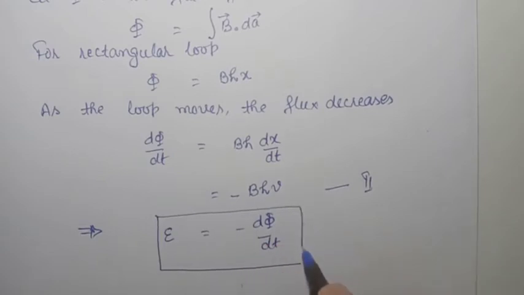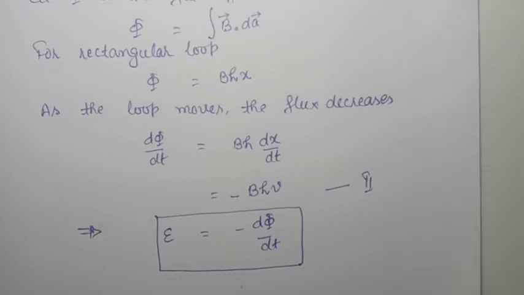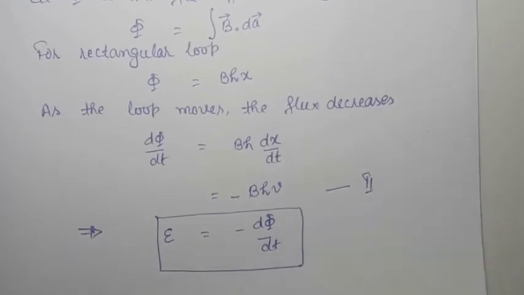So the EMF, or more specifically motional EMF, is equal to the rate of change of flux with respect to time. This is the simplest case, when we have a rectangular loop in a uniform magnetic field.